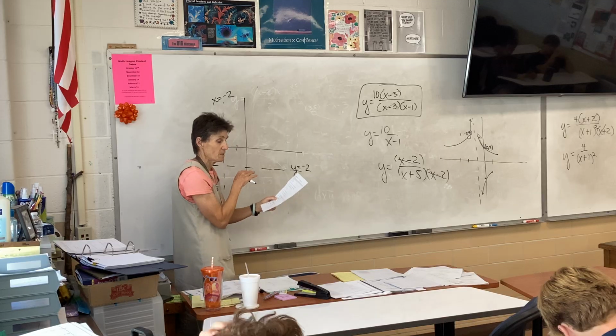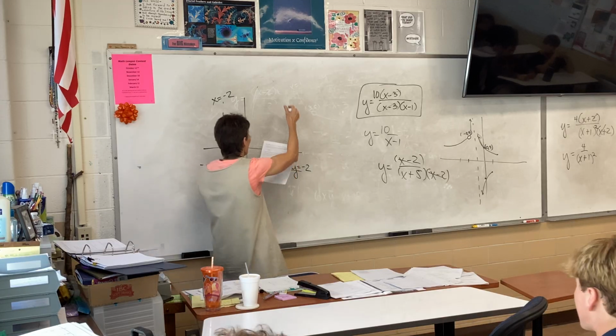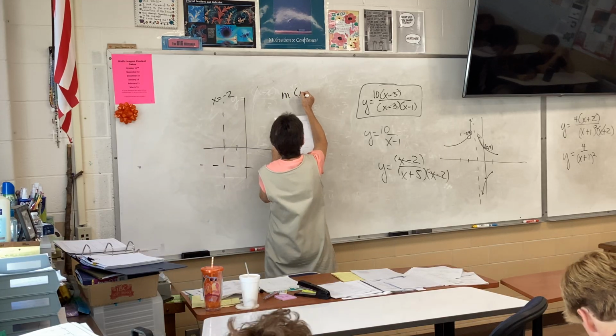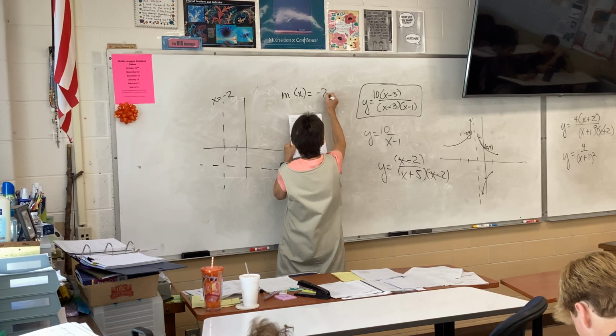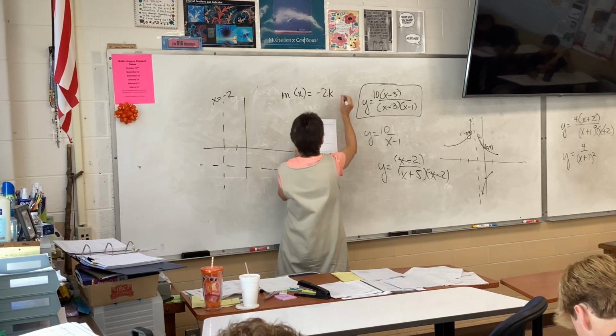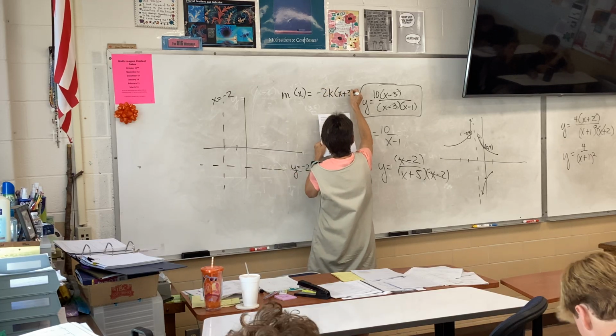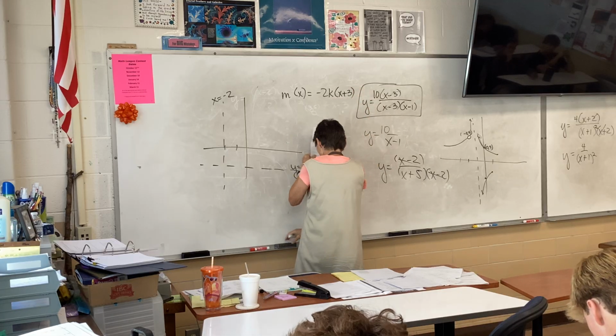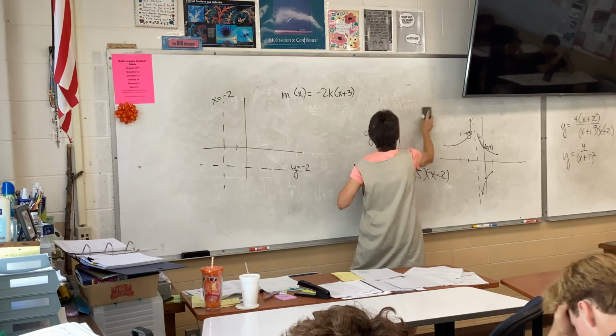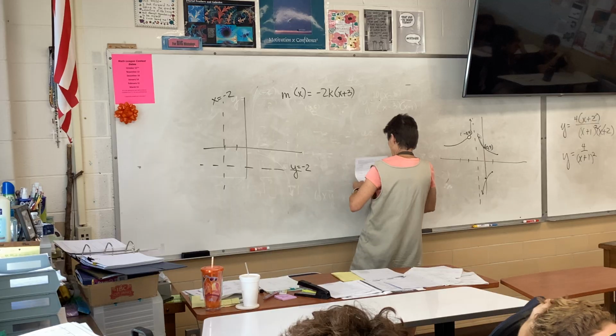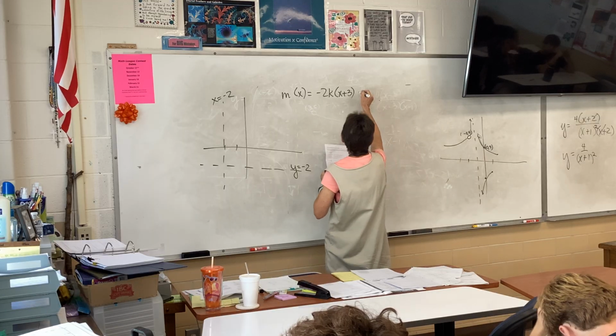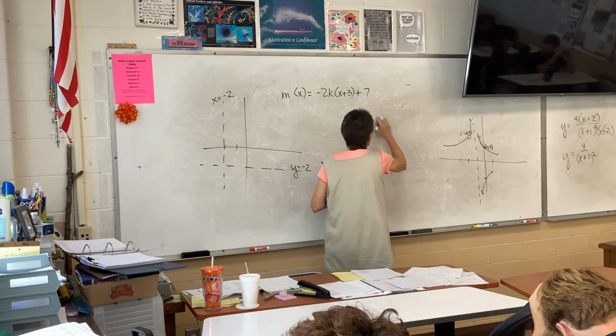That's the original picture. Now, what are we doing to the picture here? We're multiplying it by -2, adding a 3 to the x, and adding a 7 to the end.